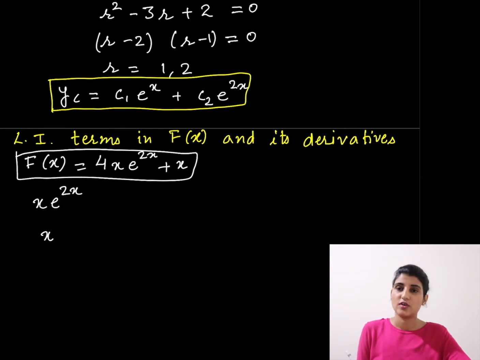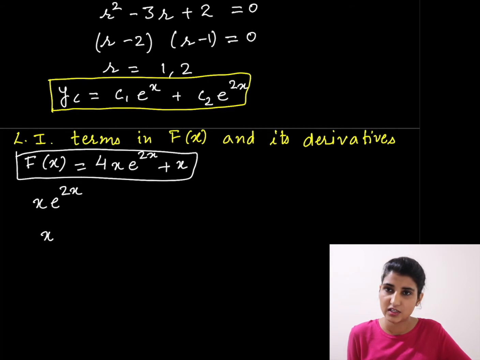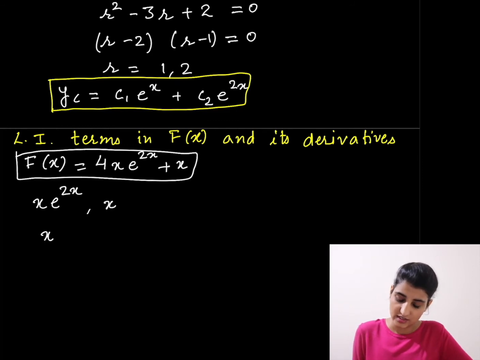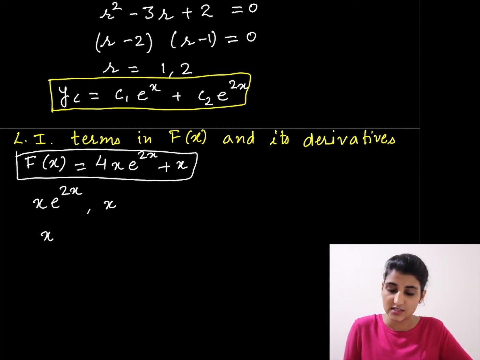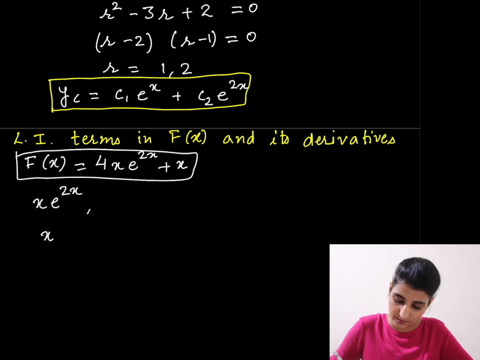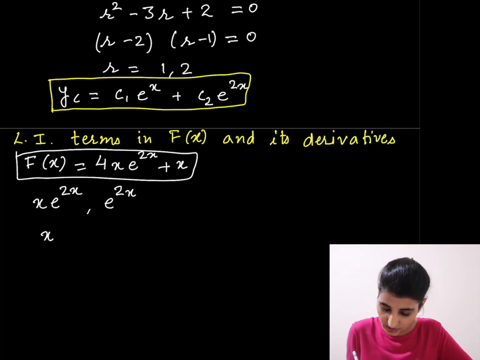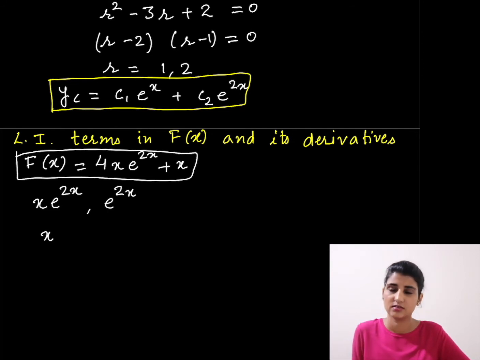Let's first write down the terms corresponding to x times e power 2x. If you take the derivative, you will use the product rule. You keep the first one as it is and take the derivative of the second one, and you get 2 times this term. We are not worried about constant multiples, so you get this term. If you take the derivative again, you keep e power 2x as it is, and the derivative of x is 1, so we have e power 2x.